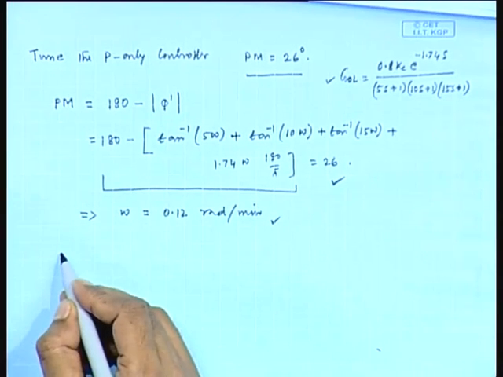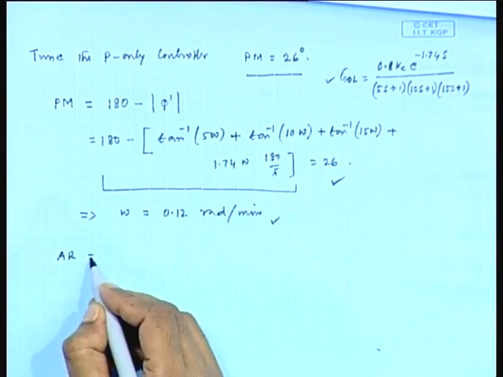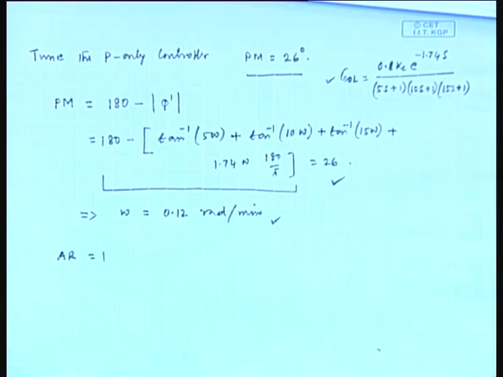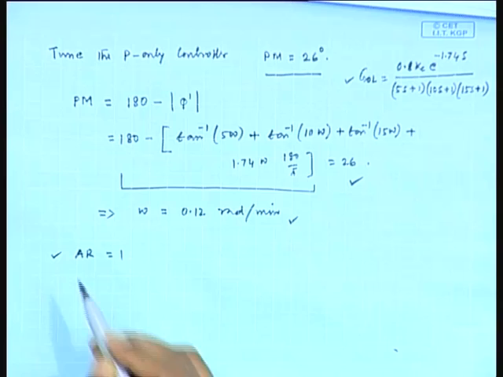Now, amplitude ratio equals 1. Basically, phi prime is the phi value at amplitude ratio equals 1. So, we will consider this here.